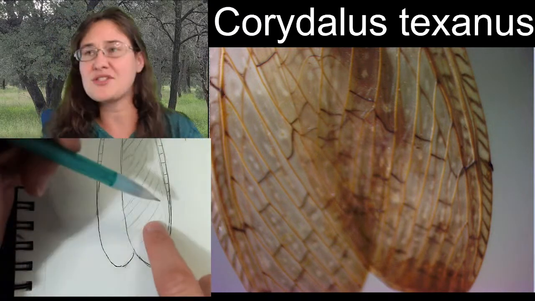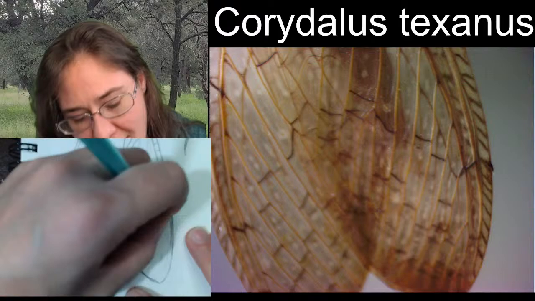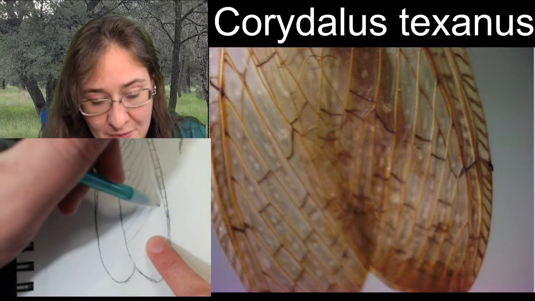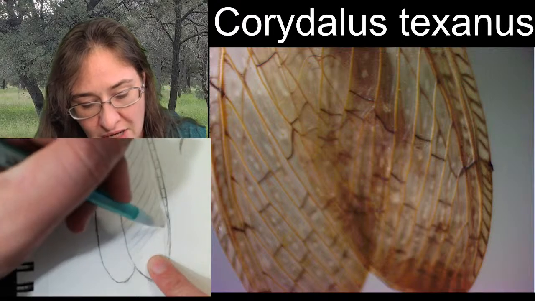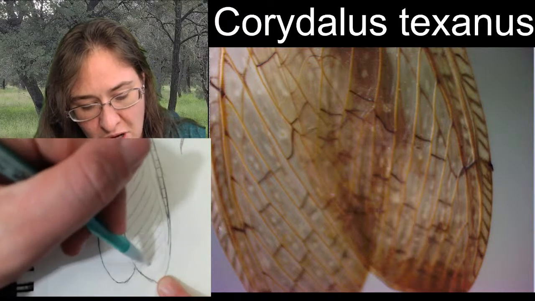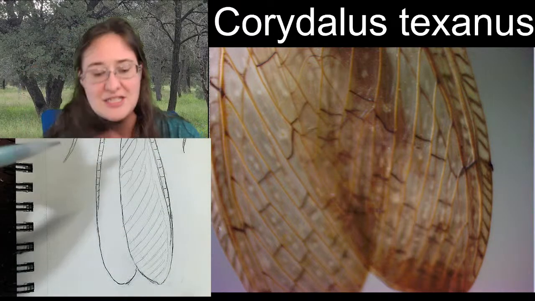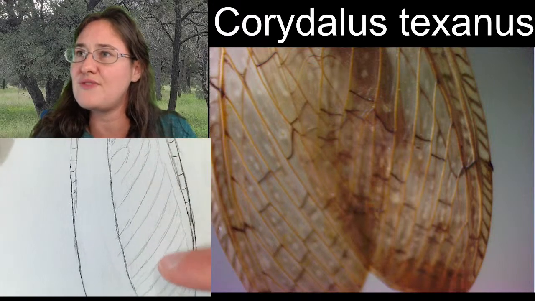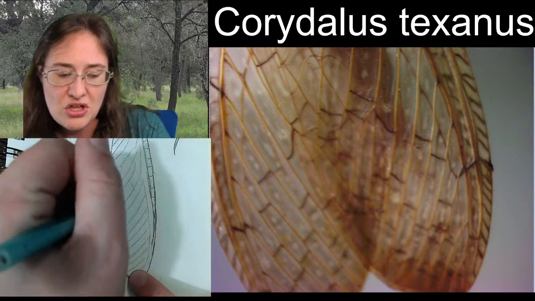So when we are sketching these guys, just make sure that as you are getting closer, maybe at the bottom third of your wing, you start making those smaller and smaller until they get to be tiny at the end.